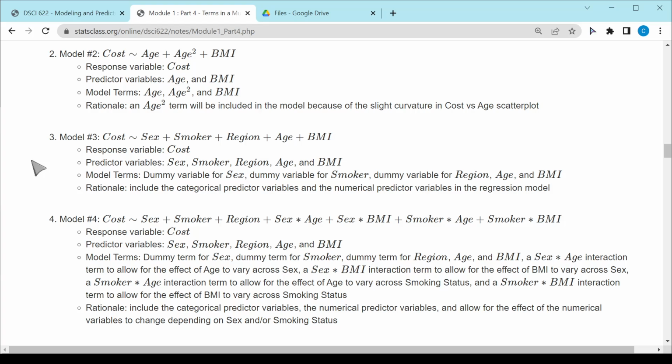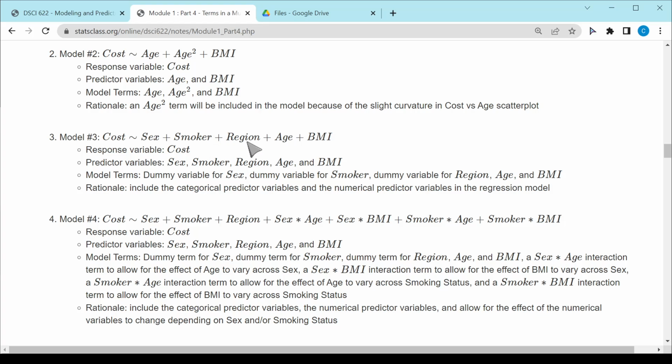Model number 3 is the first model where I'm going to include the categorical predictor variables. So sex here, smoker, and region. Again, dummy variables are going to be created for each of these. Okay, so I'm going to end up with a dummy variable for sex, which is that 0-1 coding that gets used. I'm going to have a dummy variable for smoker.